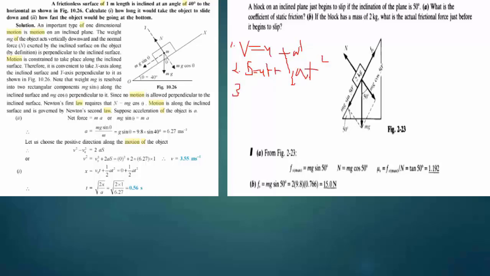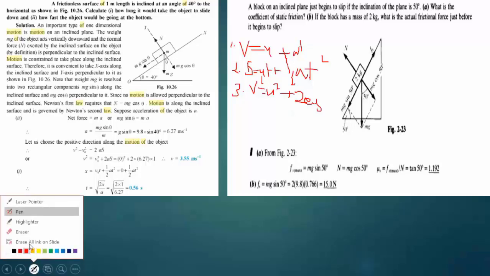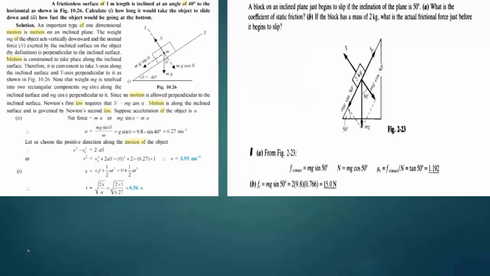The third equation inasema v squared is equal to u squared plus 2as. So nafikiri unakumbuka, so it shouldn't give you a problem. So these are the equations ambazo sometimes zinaweza zikawa involved kwenye maswali kwamba unaweza kuhitajika kutumia.